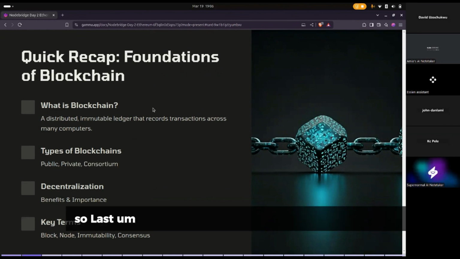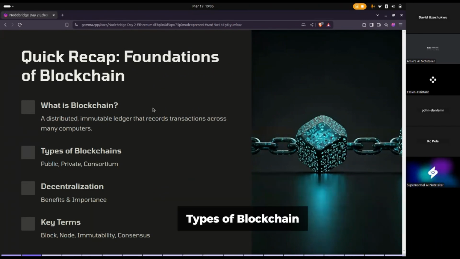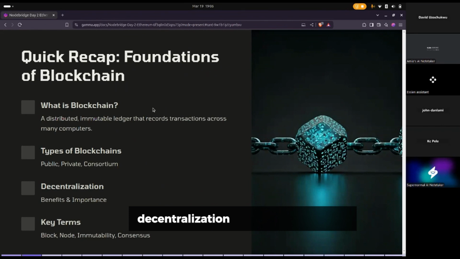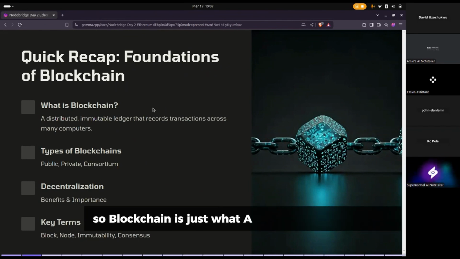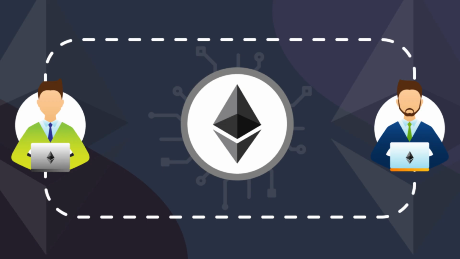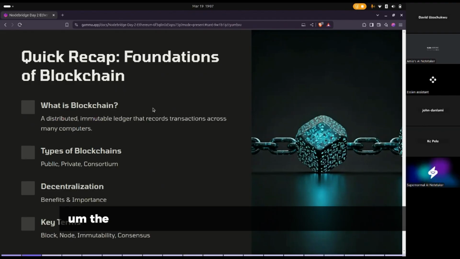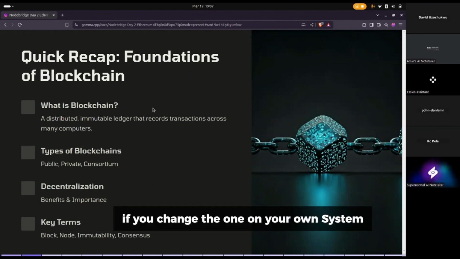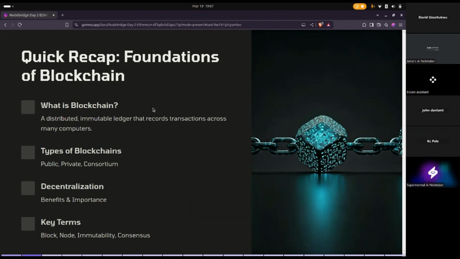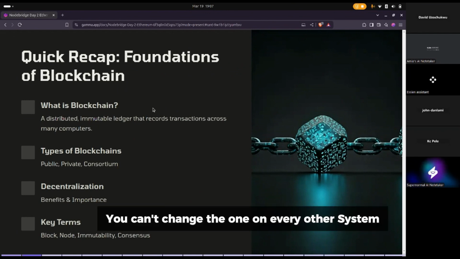Last time, that was Monday, we discussed what is blockchain, types of blockchain, decentralization, and some key terms. Blockchain is a distributed ledger that records transactions across many computers. So you can't actually change it. If you change the one on your own system, you can't change the one on every other system.